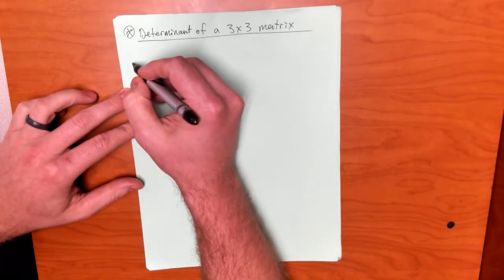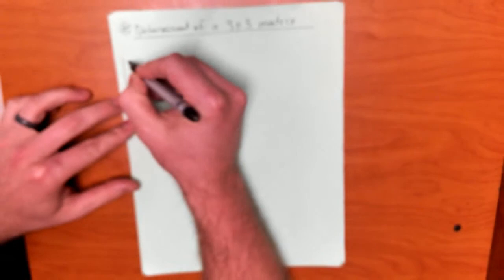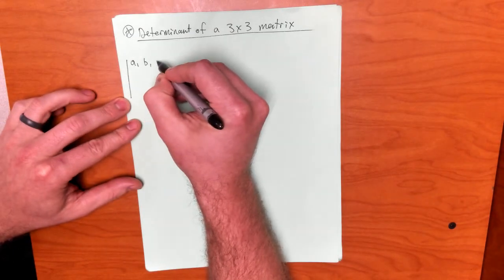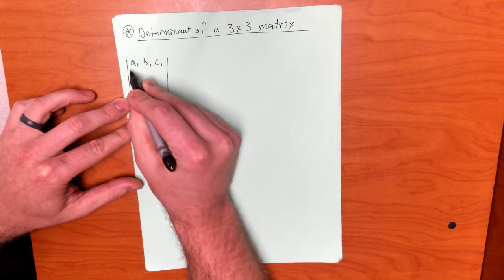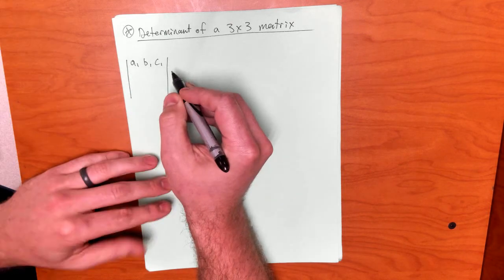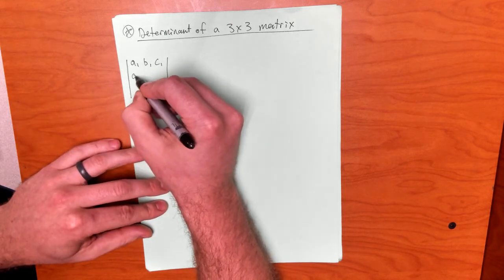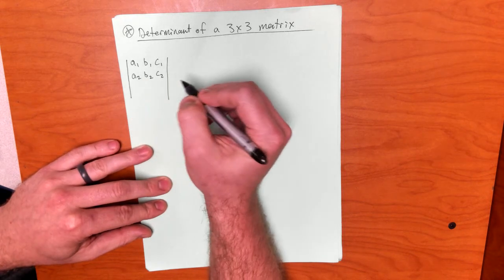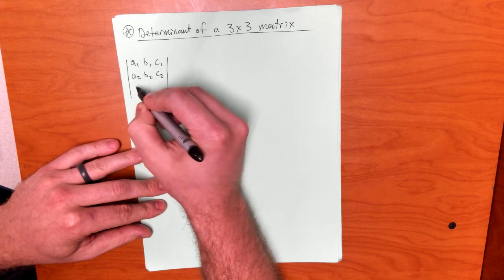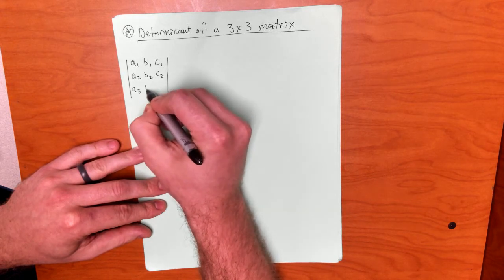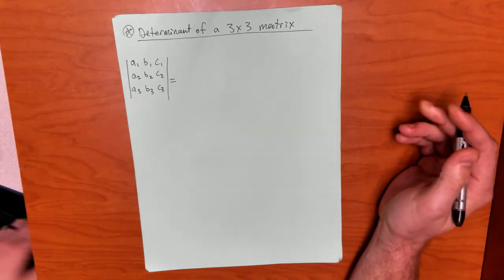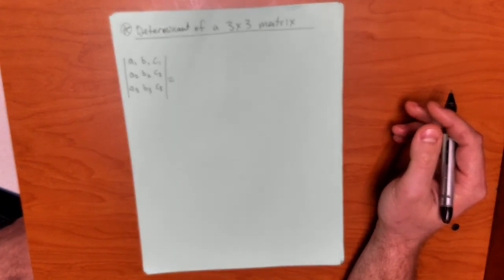So let's say we're trying to find the determinant of this. We'll call it A1, B1, C1. So that's the first linear equation. And then we're just going to name the next ones A2, B2, and C2. And then the third equation, we're going to put a 3. All right, so that's all we do for that.